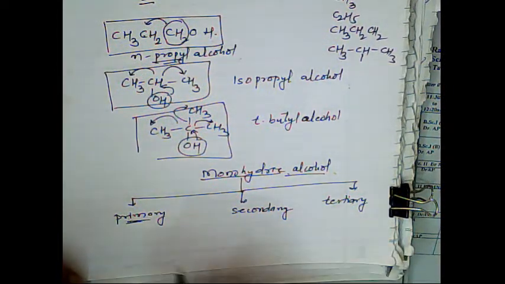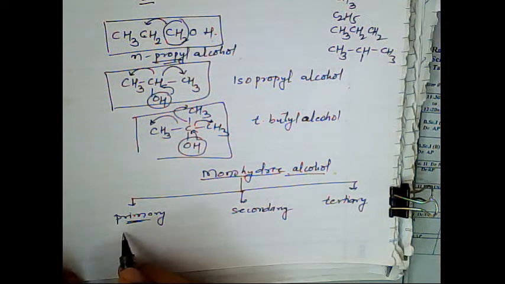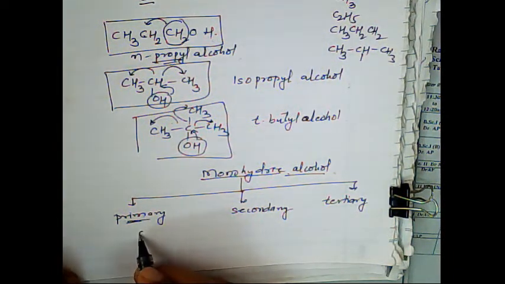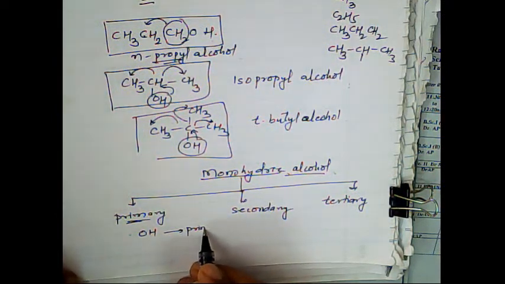In a simple way, we can define primary alcohols as the alcohols in which the OH group is attached to a primary carbon.